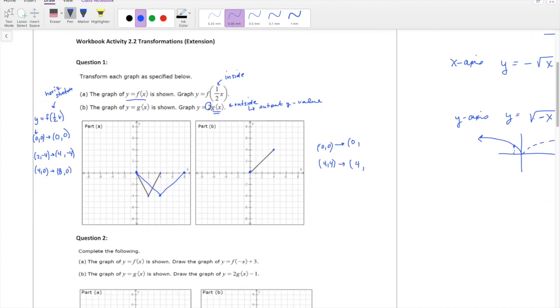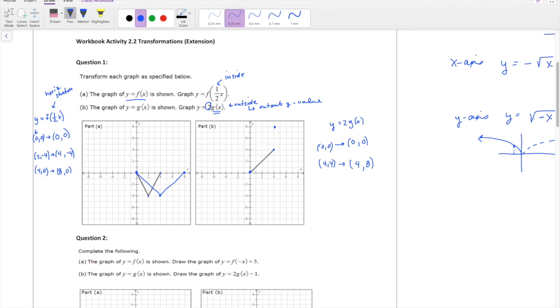The same thing happens here. We're multiplying all of the output values by 2. So 0 times 2 is 0, and 4 times 2 is 8. Let me jot down what that was: 2 times g of x. So my new points will be (0, 0) and (4, 8). This is what we call a vertical stretch. Oops, I didn't mean to make that curved. It should be straight. That is hard to draw straight.